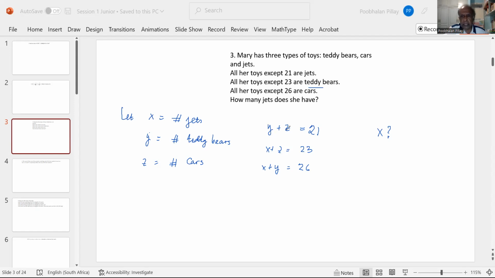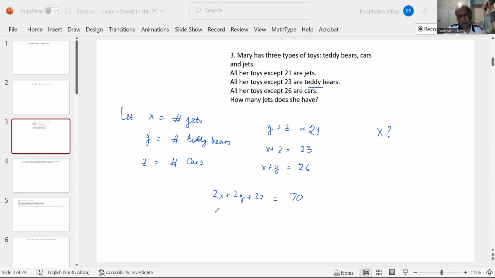You'll notice on the left-hand side, I've got 3 equations, and there are 2 x's, 2 y's, and 2 z's. There are 6 numbers here. So why don't I add everything up here, and I will get 2x plus 2y plus 2z. So add the 3 equations, and you add the 3 numbers on this side, right? And when you add them, you'll get 70.